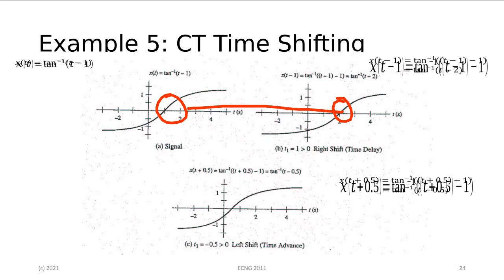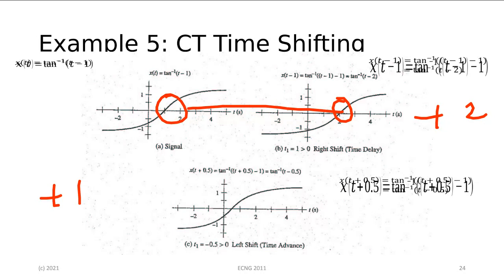The zero crossing before was at plus 1. The zero crossing now is at plus 2. So as far as time 0, it is now happening further in time. The original signal's zero crossing happened at t equal to 1. It is now happening at t equal to 2. In other words, it has been delayed in time. All right?